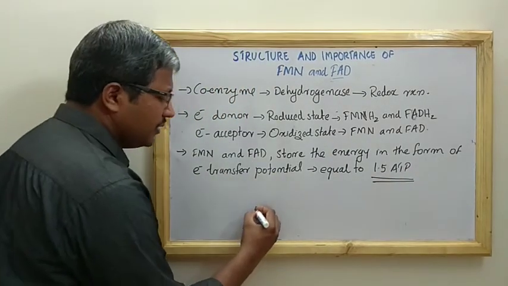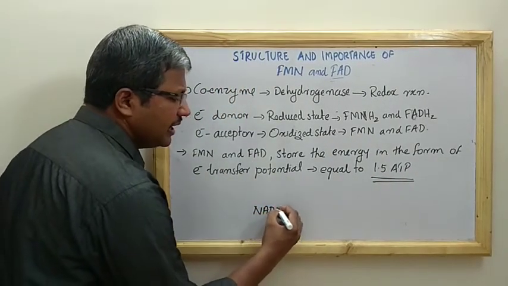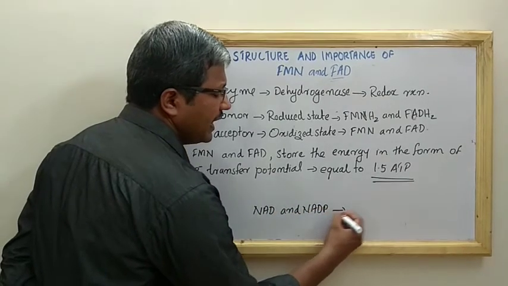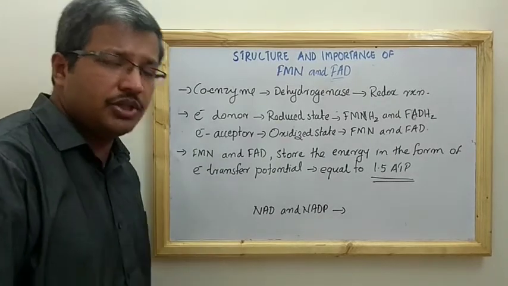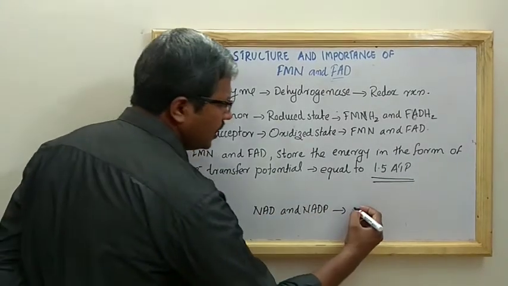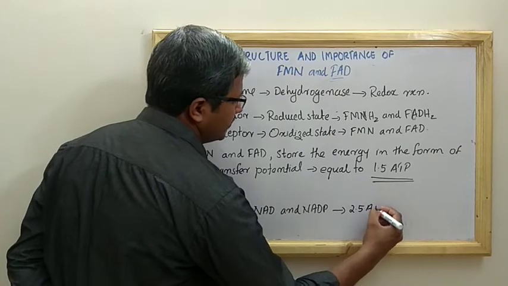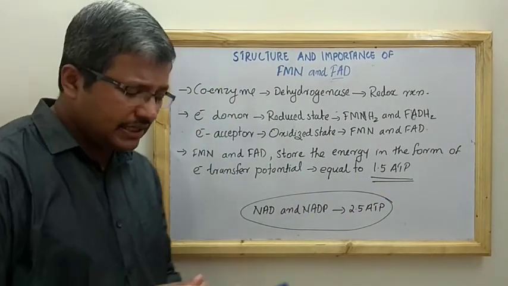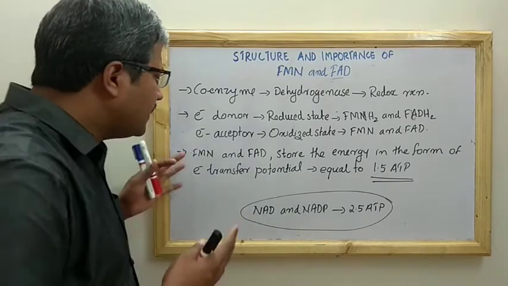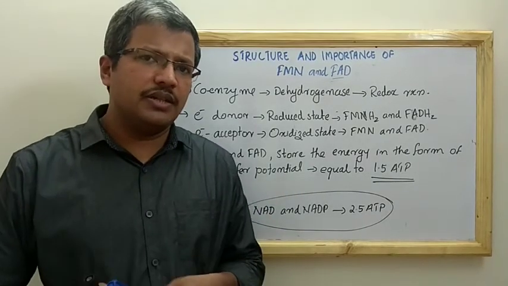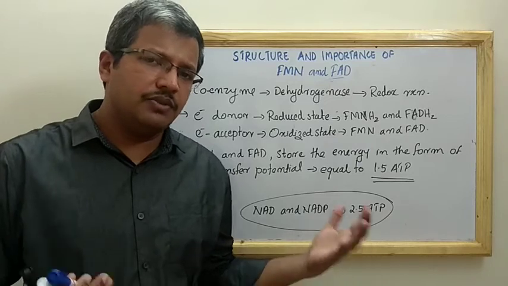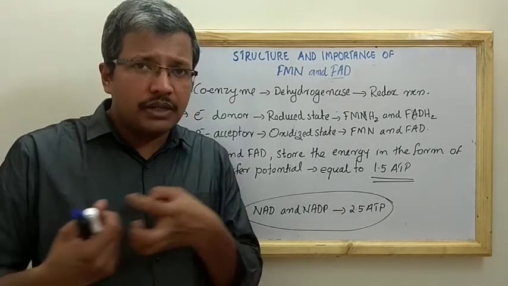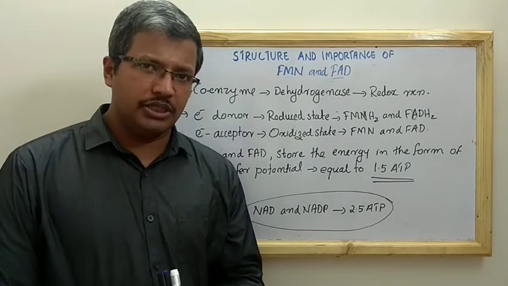Okay, you have to keep in mind, in case of NAD and NADP, we will be having an electron transfer potential energy equal to 2.5 ATP. This you keep in mind for the NAD and the NADP. So they are storing energy released in redox reactions in the form of electron transfer potential, which is equal to 1.5 ATP for FMN and FAD. That will be retrieved in oxidative phosphorylation.